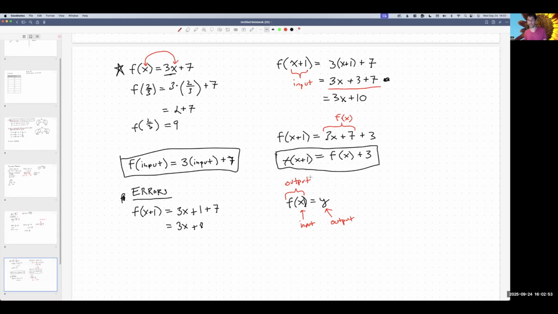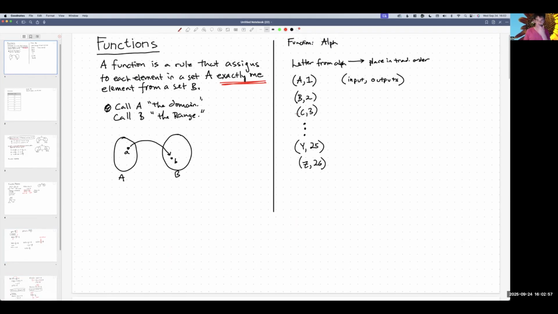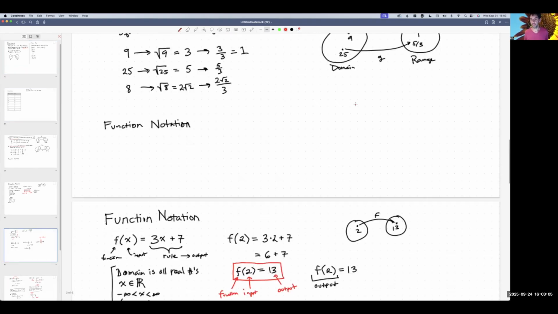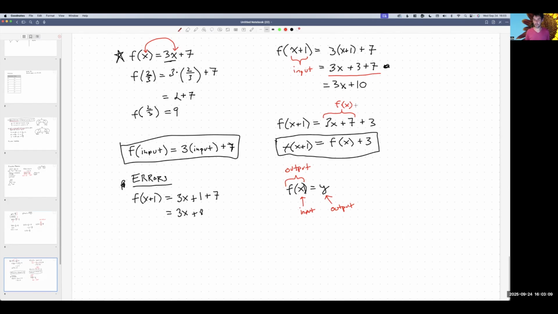Well, way back at the beginning, we had this notion of listing our functions as coordinate pairs, the input on the left, the output on the right. So if we use this new notation and that same concept, then we can think of every input-output pair as a coordinate point.